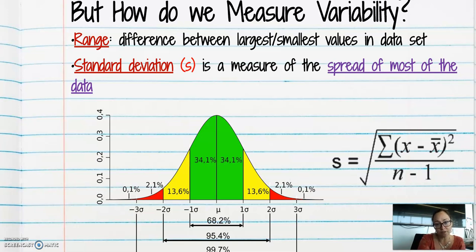So we have two formulas we're going to talk about: our standard deviation as well as our standard error of the mean. With the standard deviation, what we're talking about is if you have your mean, how much does your data, or all the numbers you collected, deviate from the mean?